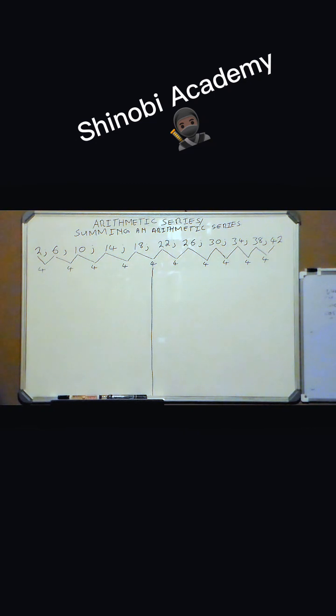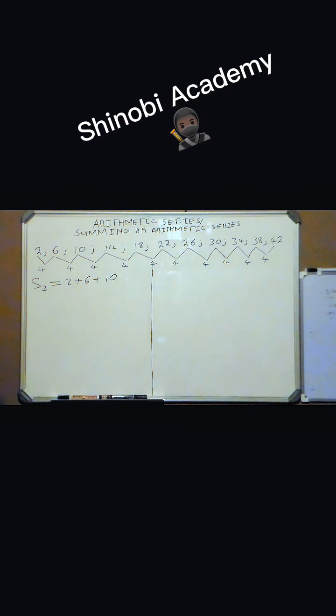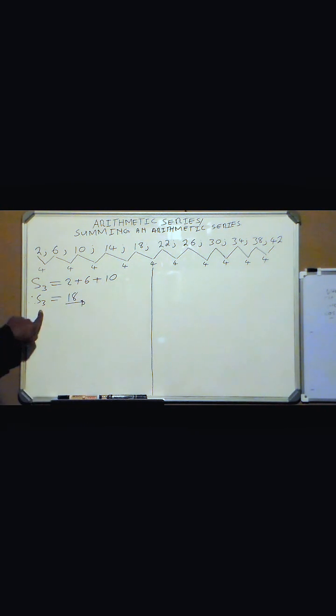For the first one, let's find the sum of the first 3 terms of the series. So we'll have S sub 3. This will be 2 plus 6 plus 10. Right? So S sub 3 is equal to 18. The sum of the first 3 terms of the series is 18.